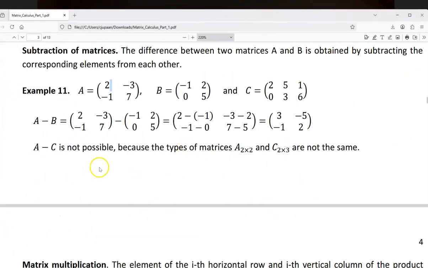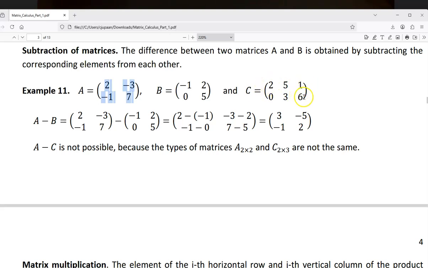But here you notice that in this example I have also the matrix C, but it is of a different type than the matrix A, because A matrix has 2 rows. Well, also C has 2 rows, but A matrix has 2 columns, but C matrix has 3 columns.